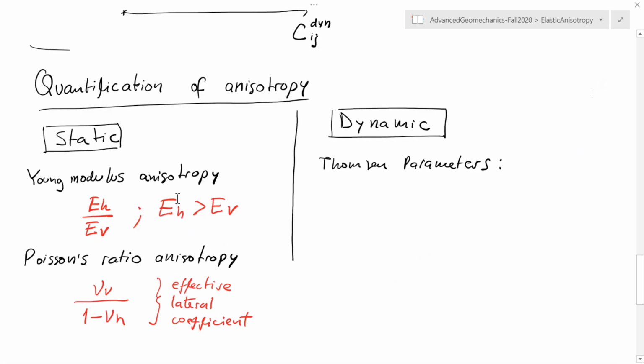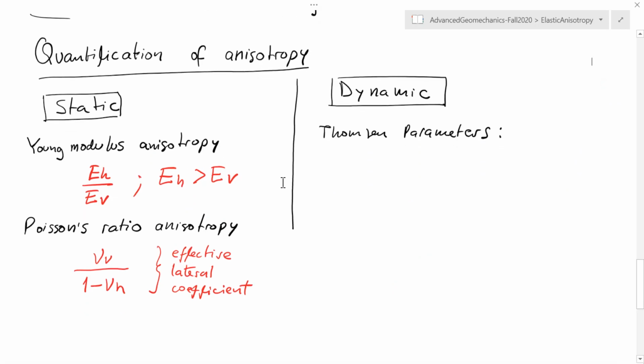Okay, the second type of quantification of anisotropy that we can do is through what are called the Thomson parameters. The Thomson parameters are based on the ratios of characteristic velocities.